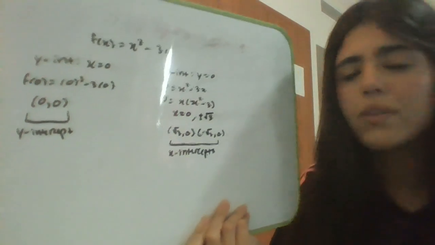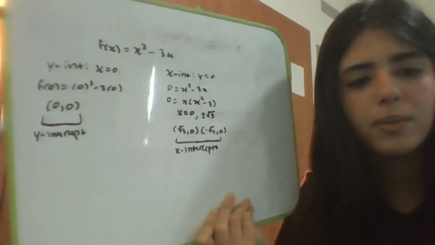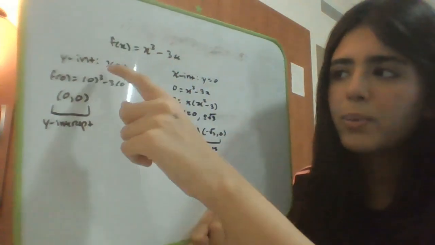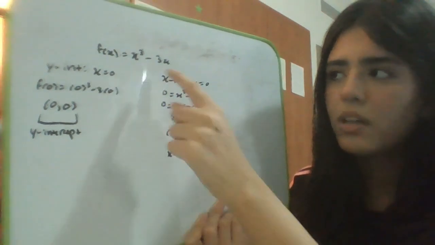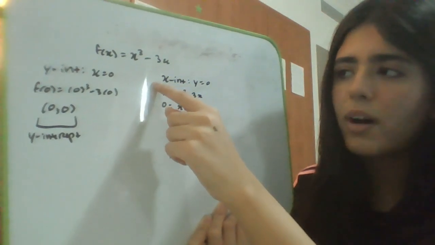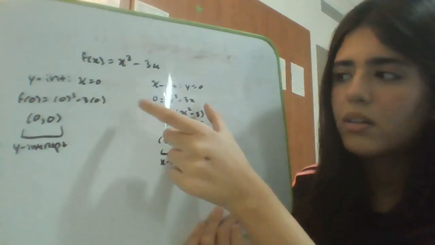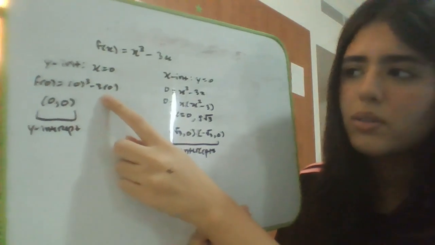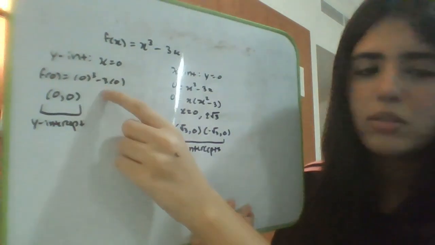Okay guys, so for the intercepts, I don't think I have to explain much because you learned this at a very young age. When you want to find the y-intercept, you put the x as 0 and then you solve. And for the x-intercept, you put the y as 0 and then you solve the equation. So we got the y-intercept as 0 because when we plugged in 0 into x, it all just turned into 0.